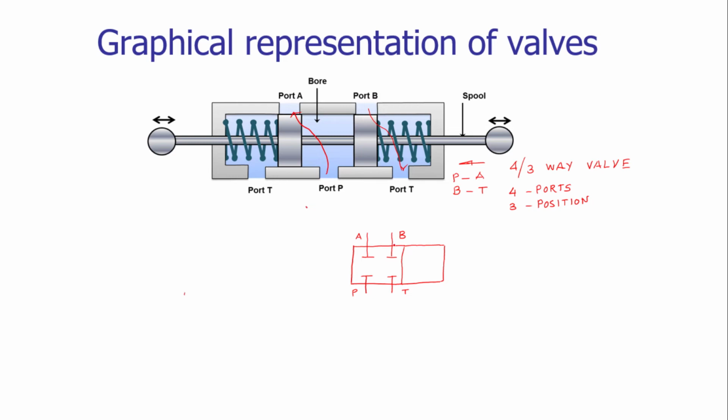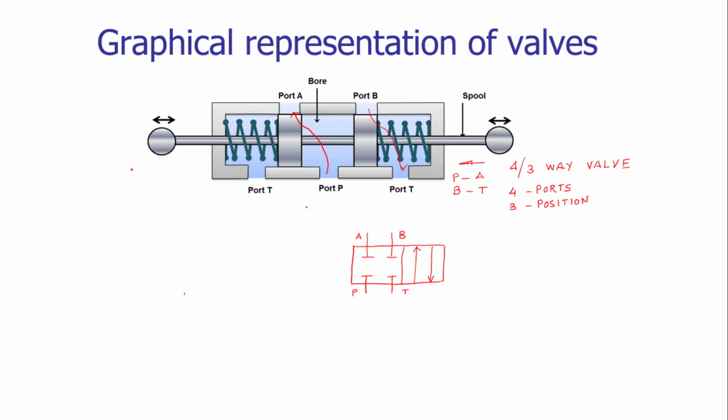So for the first position, I can simply draw an arrow indicating that P is connected to A and B is connected to T.